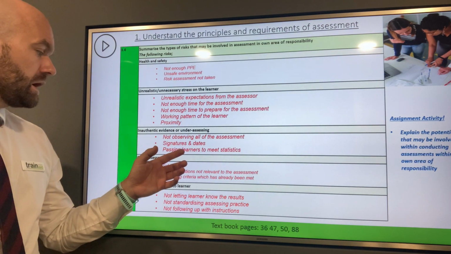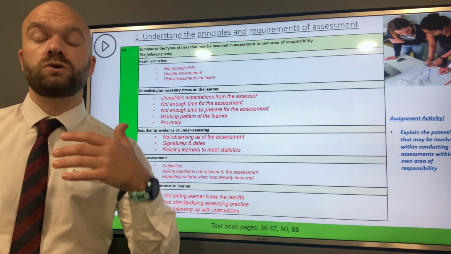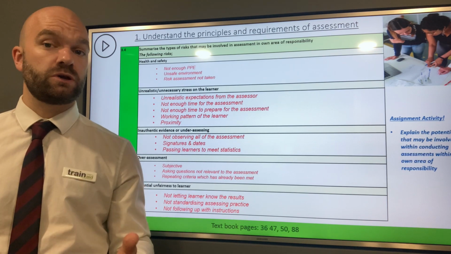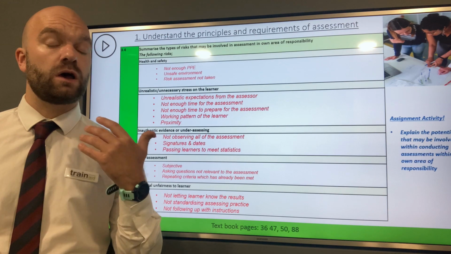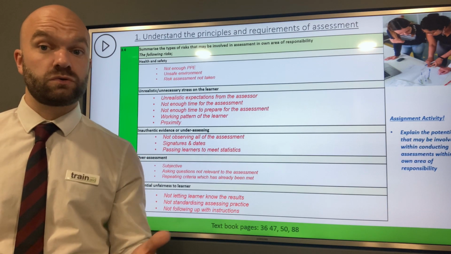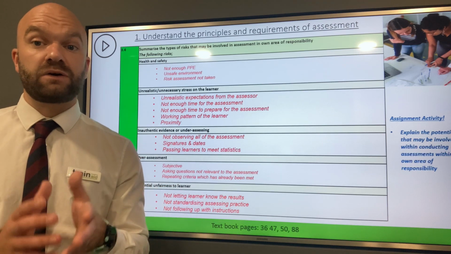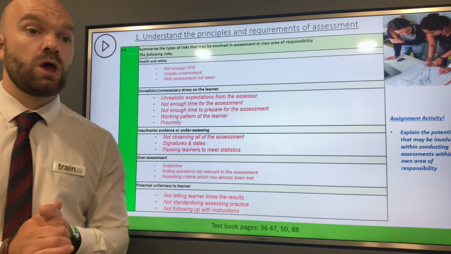And also passing learners to meet statistics. So there could be pressures from managers, awarding bodies to pass learners, but we want to ensure that they have achieved the full skills and criteria, of course. So we shouldn't feel pressured by outside factors to pass the learner for the sake of it.